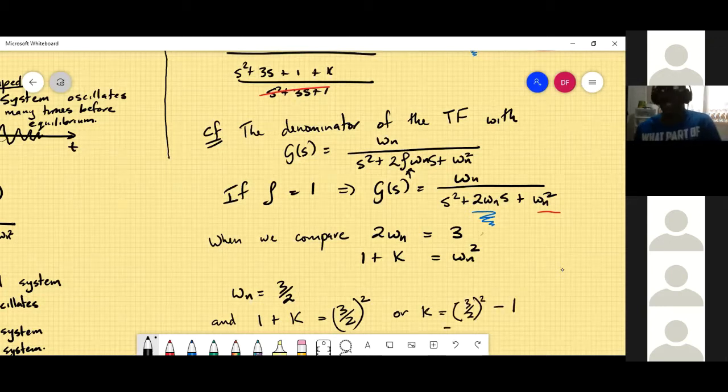Where is my calculator? 9 over 4 minus 4 over 4 is 1.25. So the gain of the system has to be 1.25.